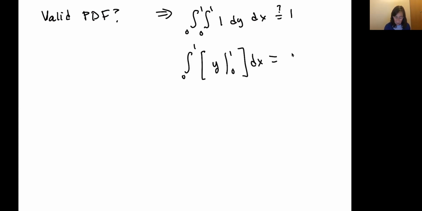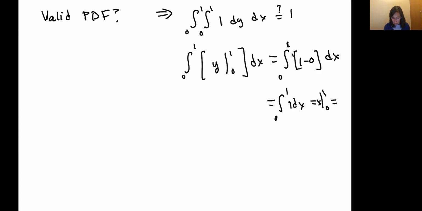I'll write out my steps a little more. Just evaluating the inside definite integral, substituting y equals 1 and y equals 0 and taking their difference. So 1 minus 0, and still reminding myself that the outside integral still has to be done. That is the integral from 0 to 1 of 1 dx, which is x from 0 to 1, which is 1.